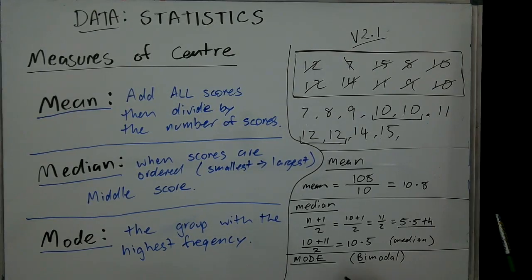Bi meaning 2. So the mode is 10 and 12. That's it. This is mostly revision. I hope all that made sense. See you in the next video.